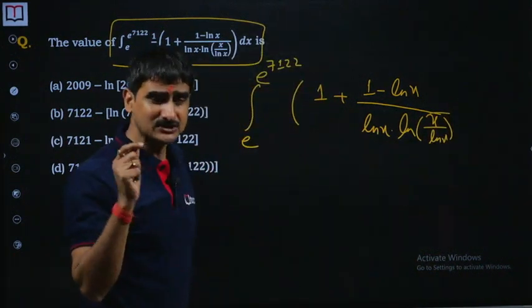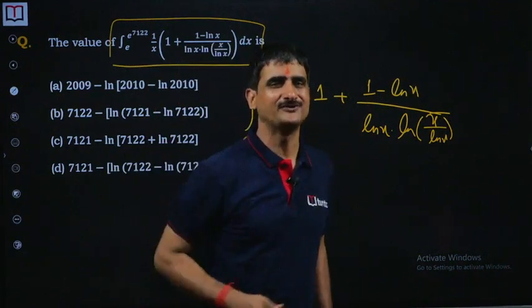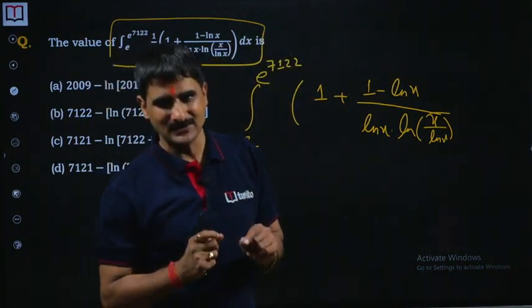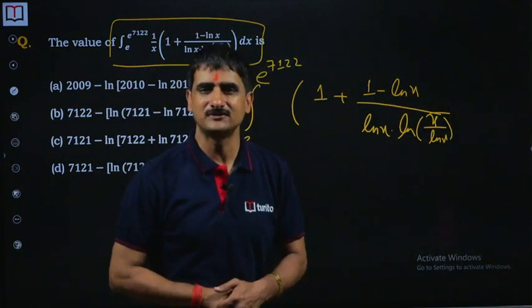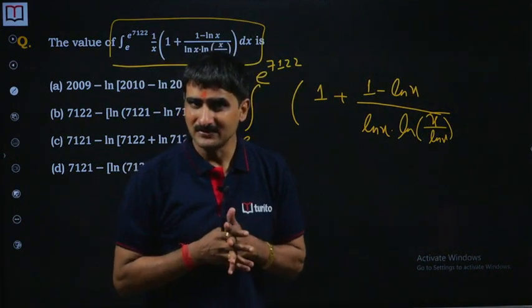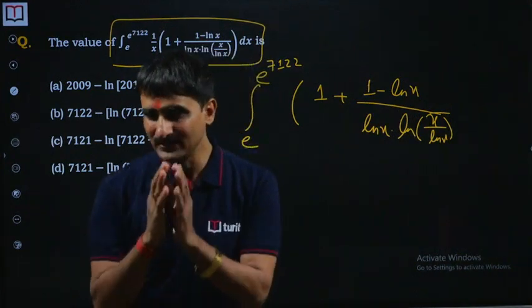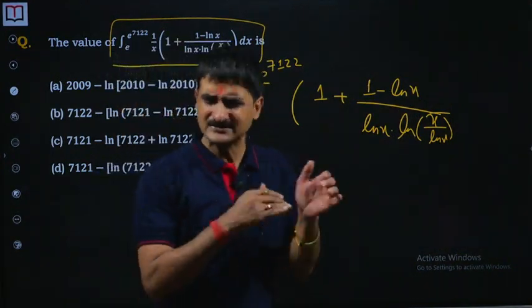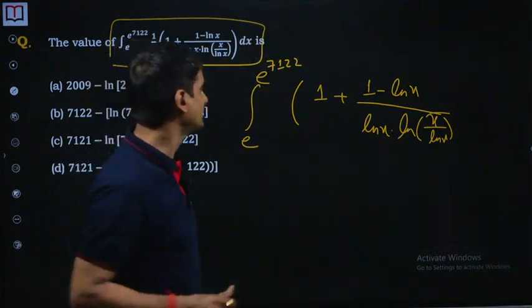Yes, the question was the integral from e square to e raised to the power 4, with the integrand 1 upon (1 plus ln x) whole square, and something in the denominator. We used the Bahubali property to solve it.